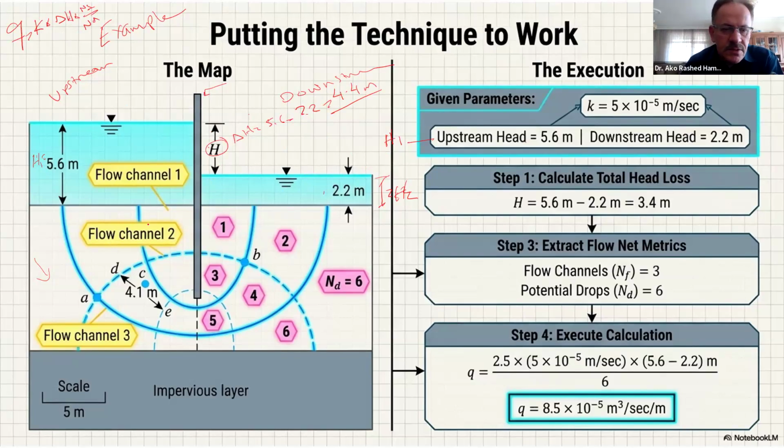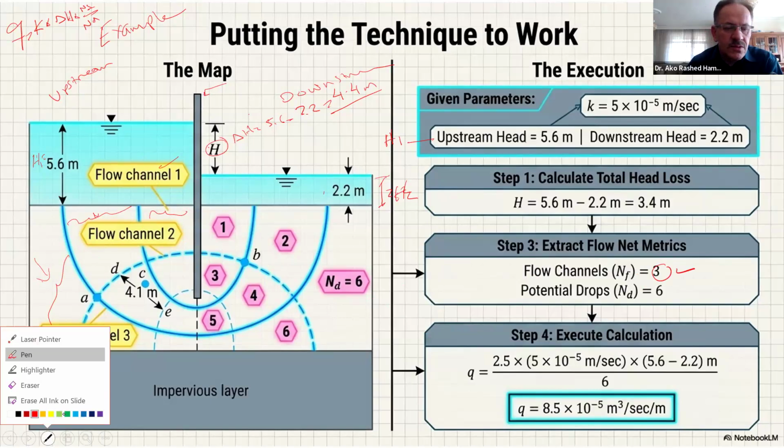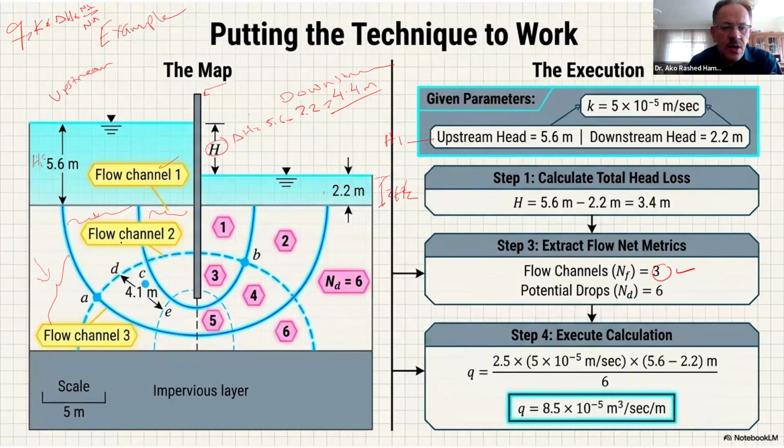Okay. Now tell me what is the number of the flow channels. Can you tell me that? This is channel 1, that's channel 2, and this is channel 3. So NF is equal to 3 channels. Now for the drops, we have to see from upstream to downstream how many steps are dropped.